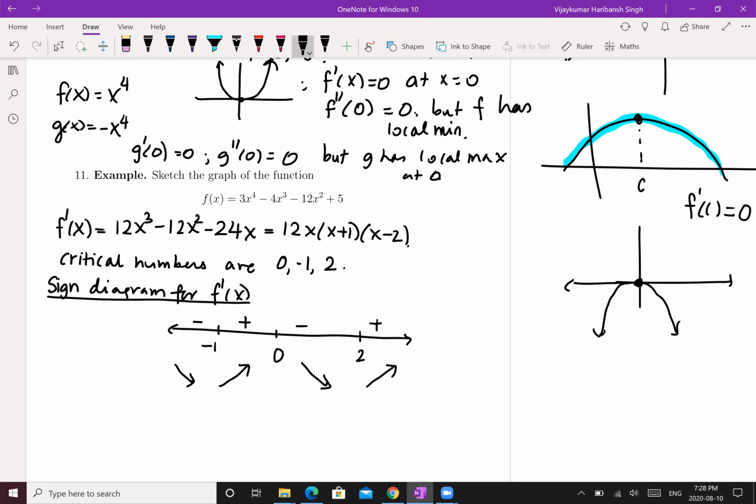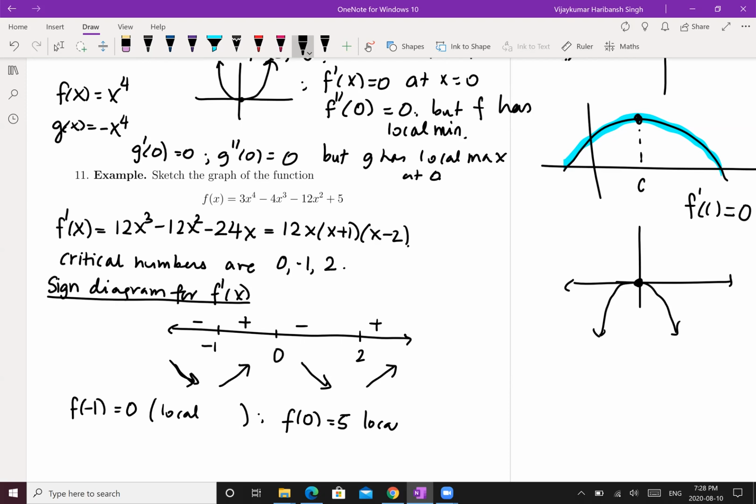And we have f of minus 1, which was 0. f of 0, which was 5. So f of minus 1 was a local minimum, right? Because the sign is changing from negative to positive.